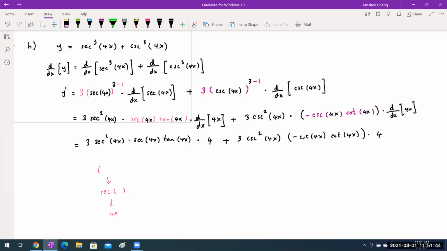Finally, simplifying this part, 4 times 3 is 12. Secant squared 4x times secant will be 12 secant cubed 4x tangent 4x. Now we minus 12 times cosecant cubed 4x cotangent 4x, and that will be my final answer.